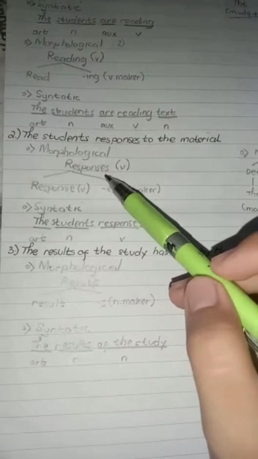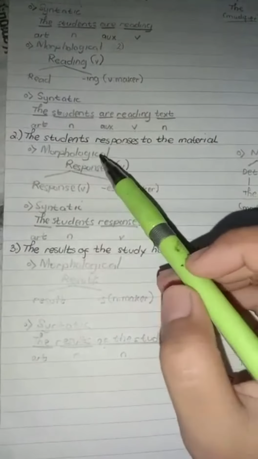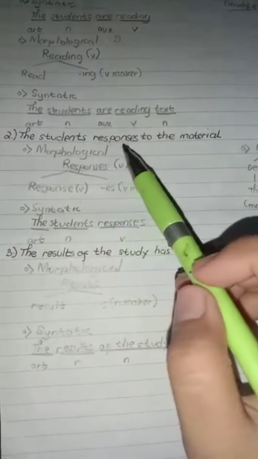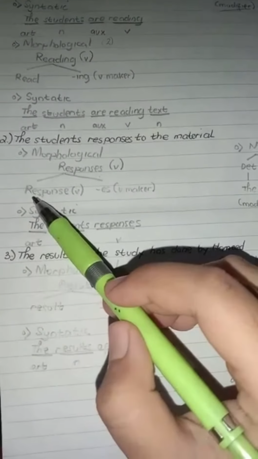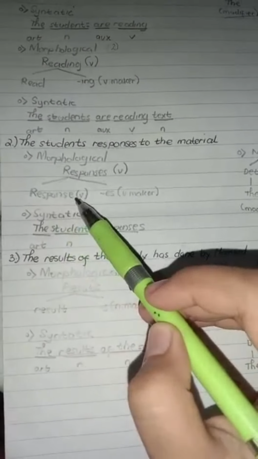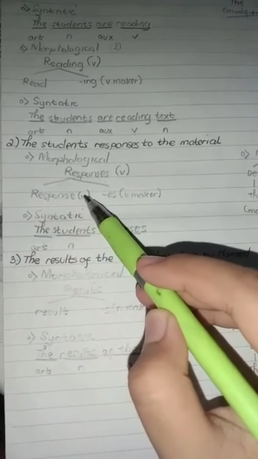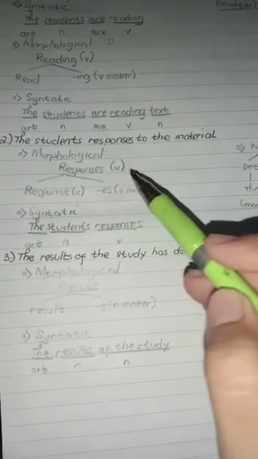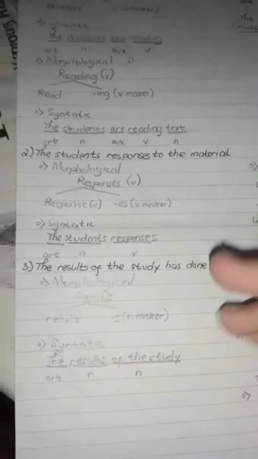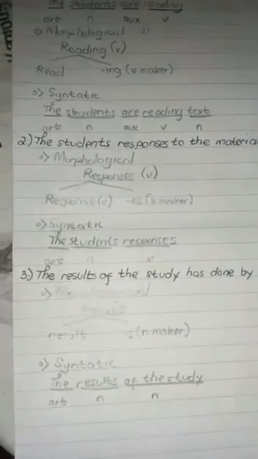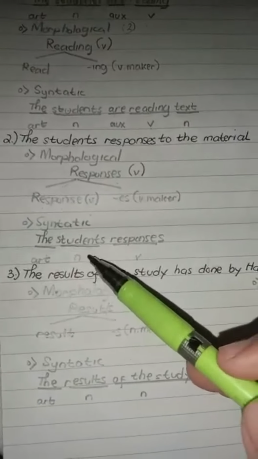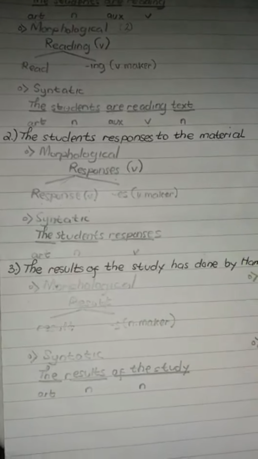Here I found responses. Firstly, I will analyze by morphological frame and I divide it into 2. The first is respond, it is included into verb, and then es is the verb maker. And then the syntactic frame is the for article, student for noun, and responses for verb.